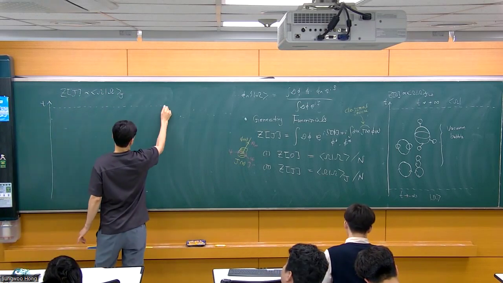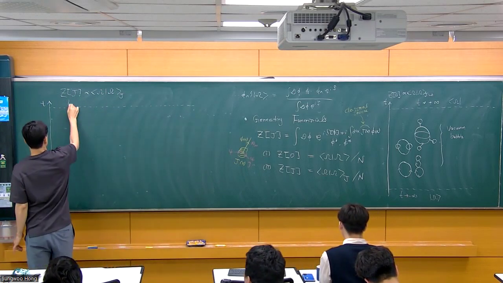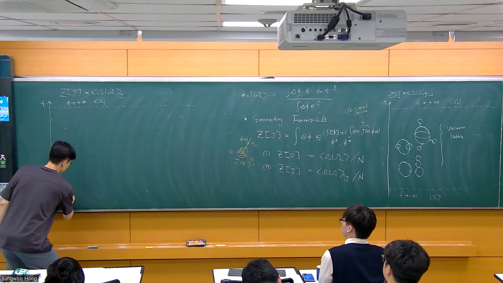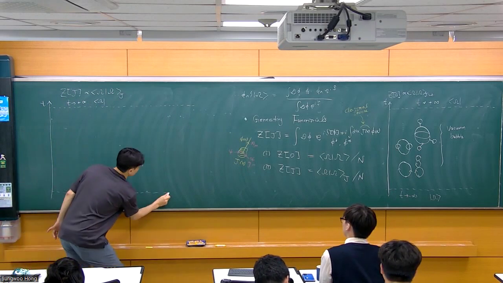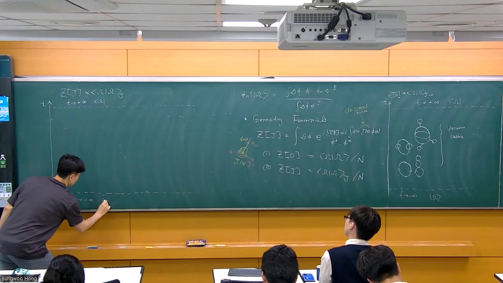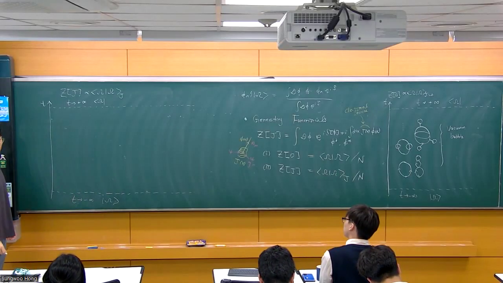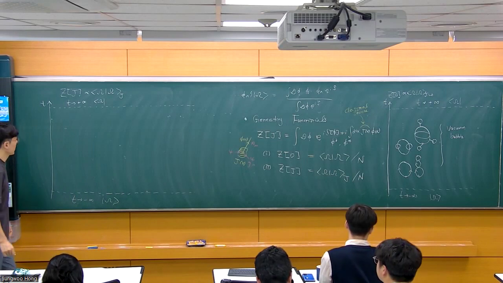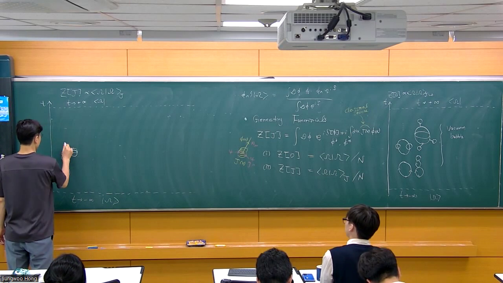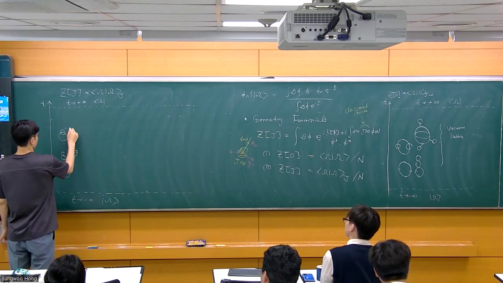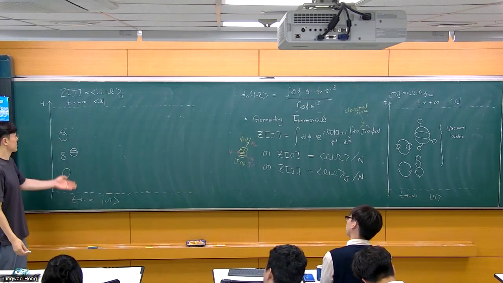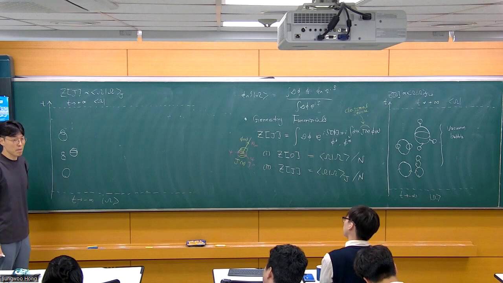I need more space here. Again, I want to end with the vacuum in the future, and in the far past, I want to start with the vacuum. Again, you can have all these kinds of vacuum bubbles. They should be there because they satisfy this criterion physically.